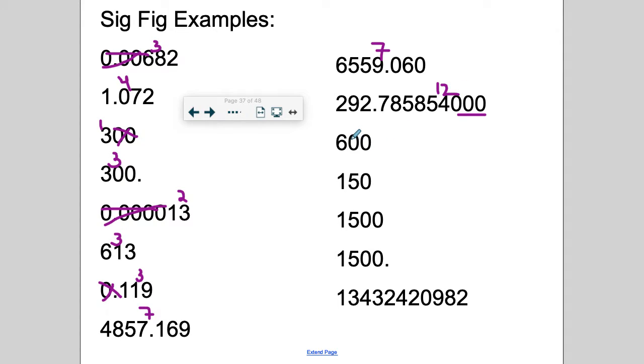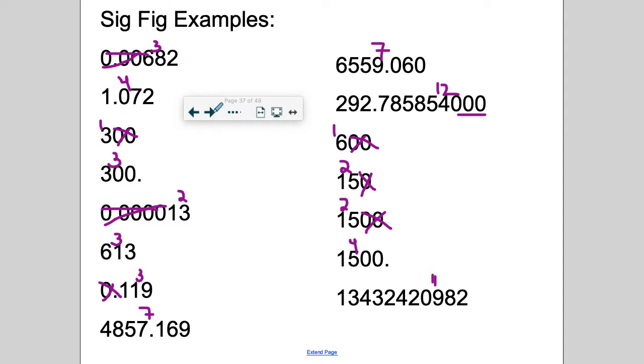Why is the 600 just 2? Because no decimal. 2. Those don't count. 2. These 2 zeros do count because I put that little decimal there. 1, 2, 3, 4, 5, 6, 7, 8, 9, 10, 11.